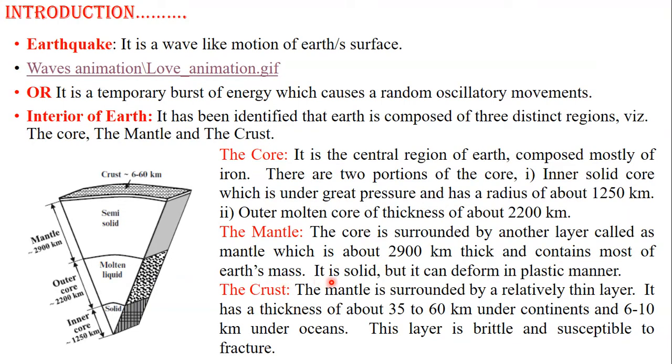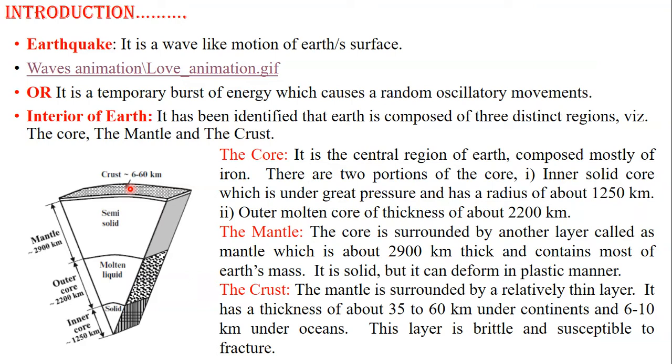It is solid, but it can deform in a plastic manner. This is important, and this property is mainly responsible for earthquake. Then the crust. The mantle is surrounded by a relatively thin layer. This is crust. It has a thickness of about 35 to 60 kilometers under continents and 6 to 10 kilometers under oceans.